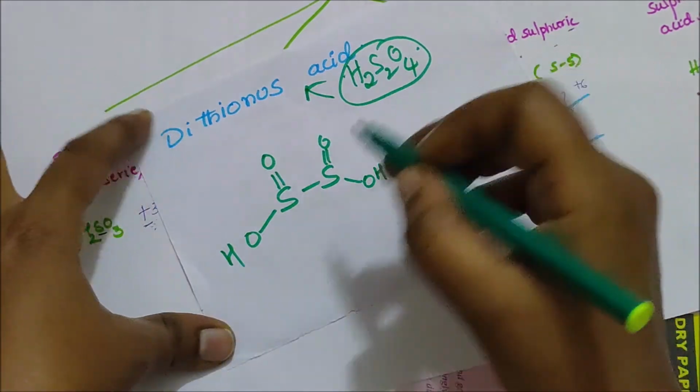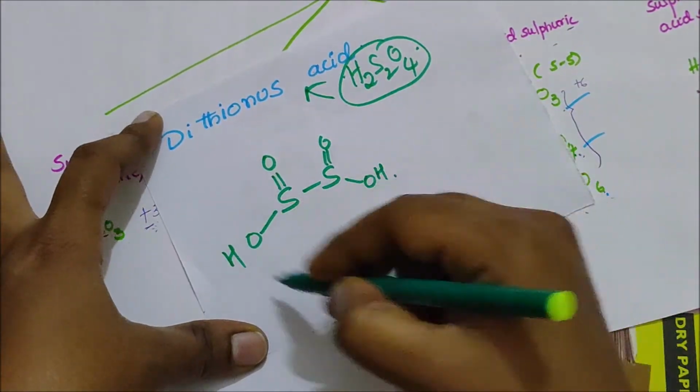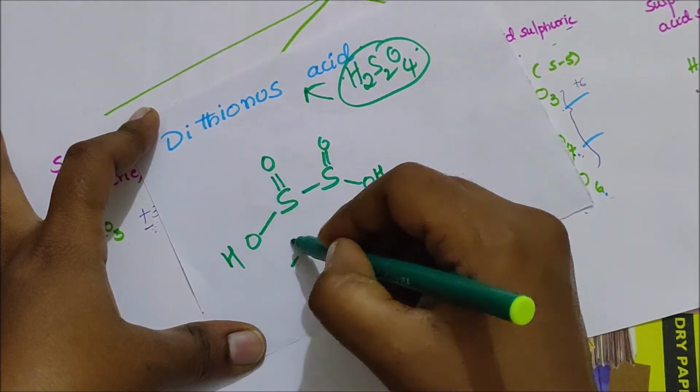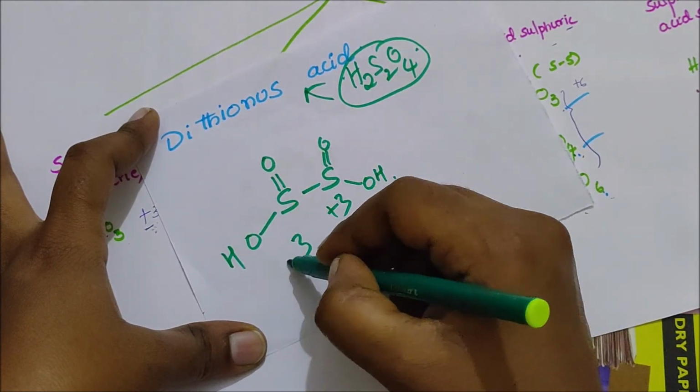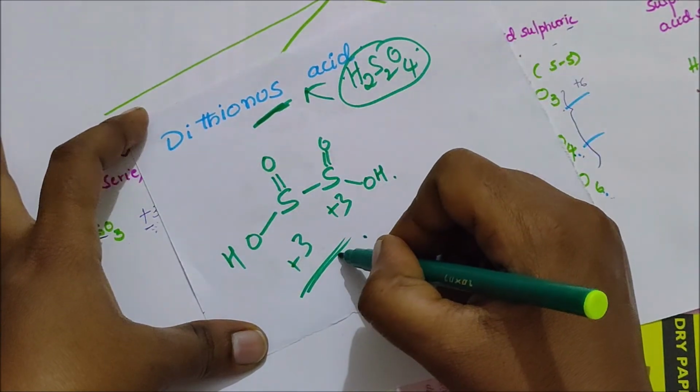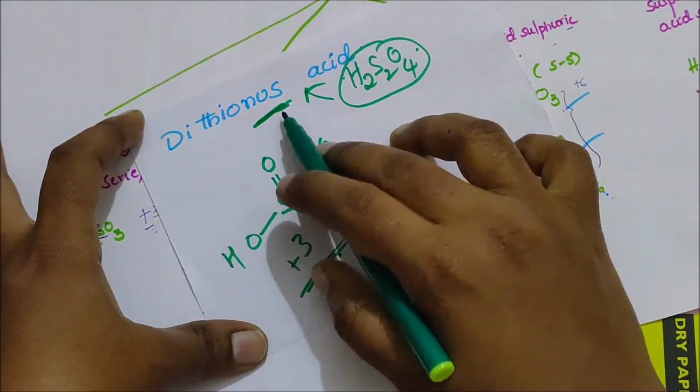This is the mandatory rule to draw the oxoacids of sulfur. This is called dithionous acid, and it exhibits the +3 oxidation state, a lower oxidation state, so we call it dithionous acid.